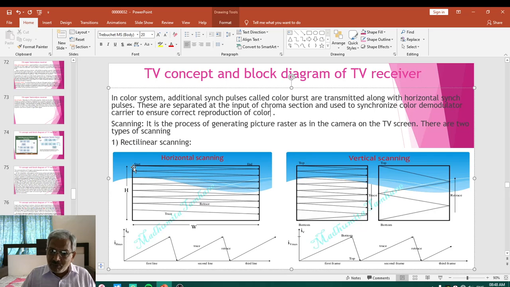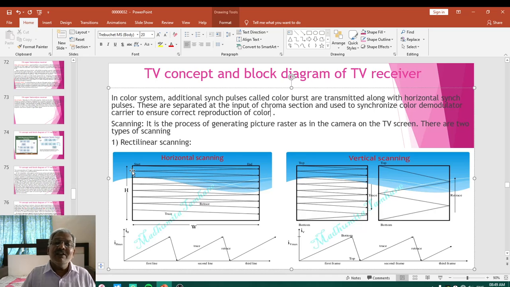The motion of the electron beam or bright spot from left to right is known as the trace period, and the motion from right to left is known as the retrace period. The trace period is with slow speed, meaning it will take more time. The retrace period is with high speed.